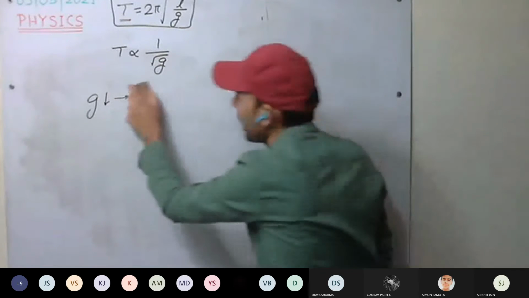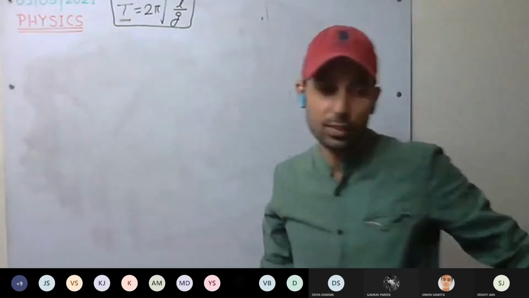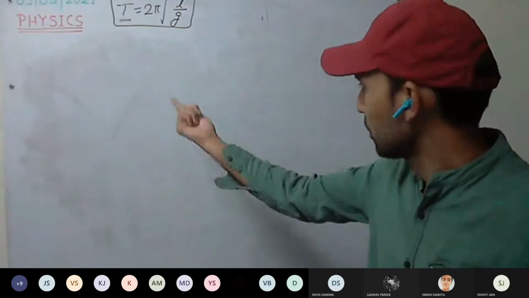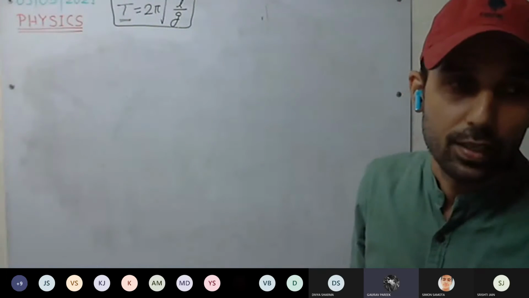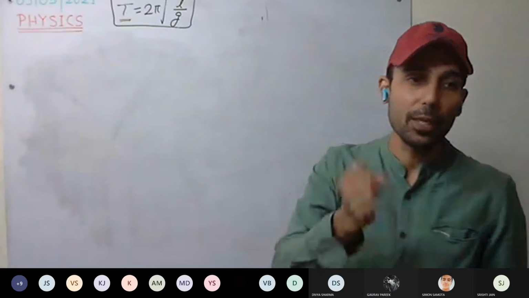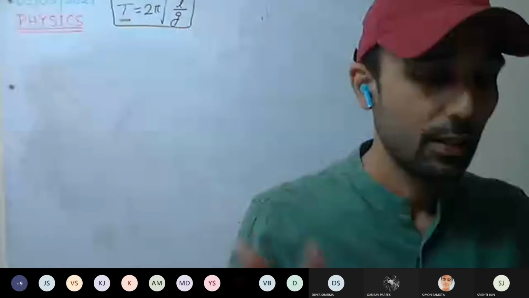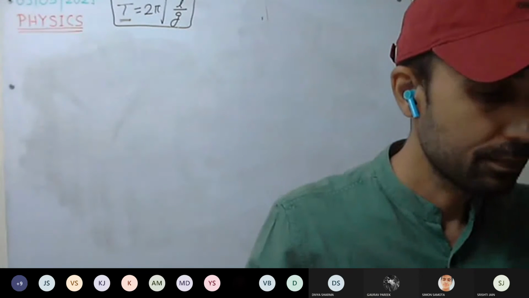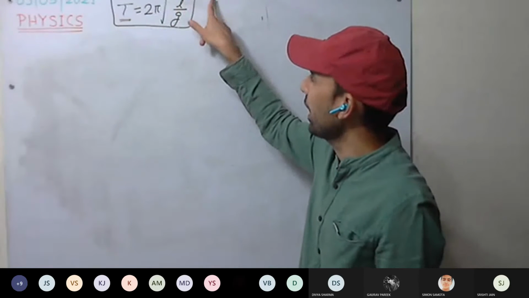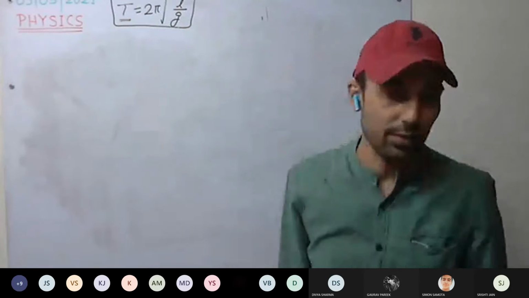You can take any mass of the bob, it doesn't matter. Next, does it depend on the amplitude of the pendulum? No, there is no factor of amplitude here. So it does not depend on amplitude as well as mass of the bob. This is clear? And this is the expression for time period. T is time period, L is effective length, g is acceleration due to gravity.